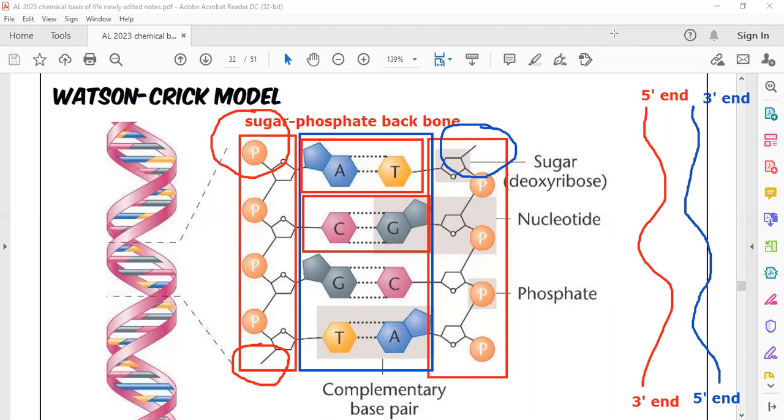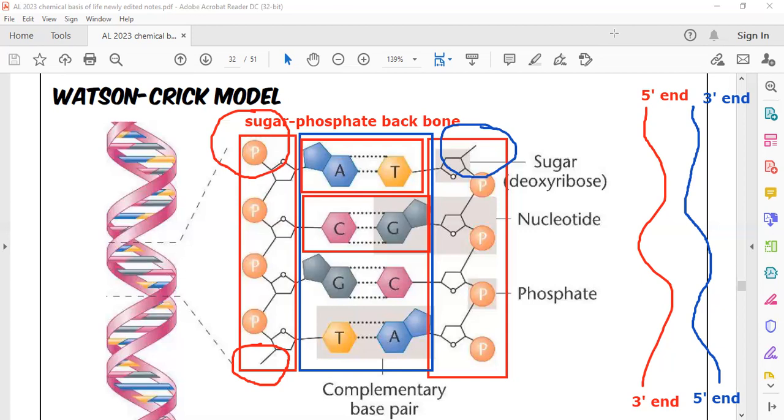If you take adenine's percentage and thymine's percentage, how much is the total? 40%. In 100%, if you remove the 40%, 60% will remain.